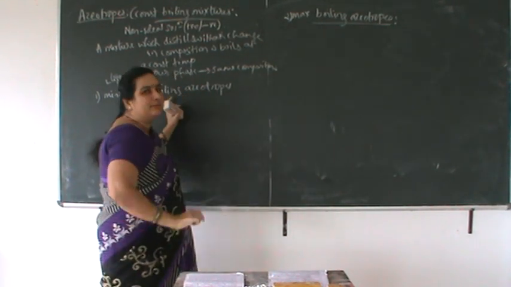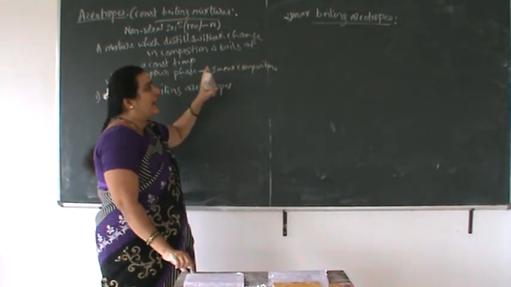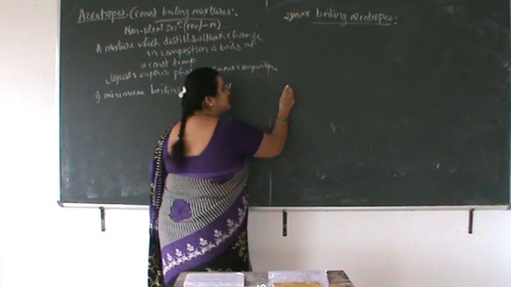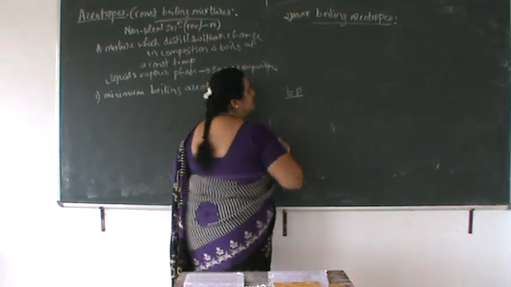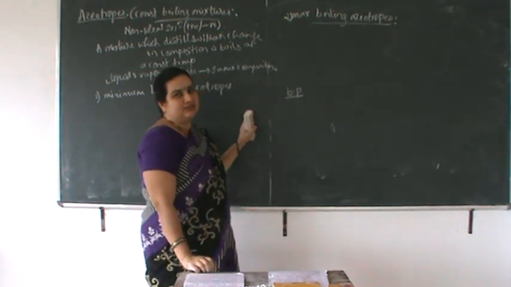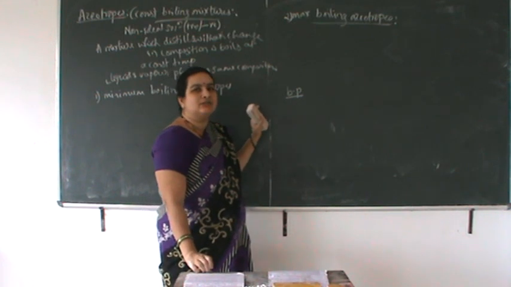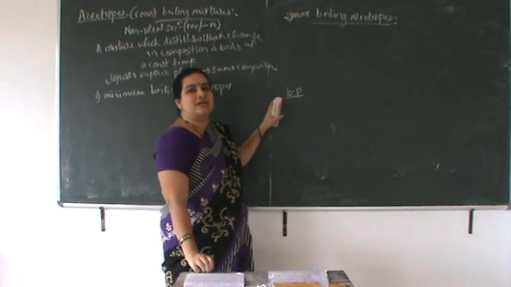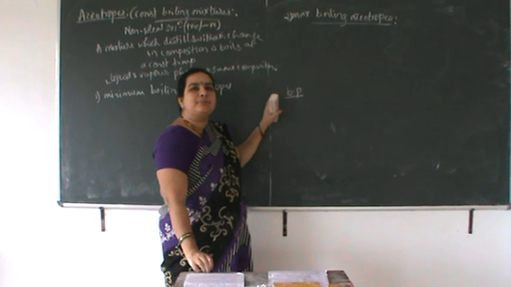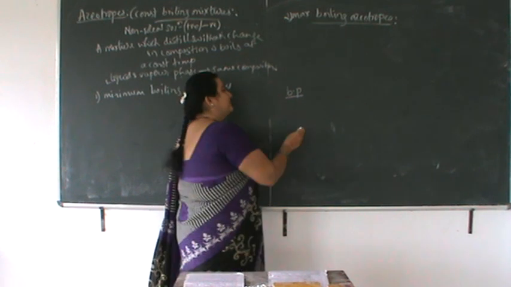Before going to minimum boiling azeotropes and maximum boiling azeotropes, I am going to clear the meaning of boiling point. So what is the boiling point? Boiling point is the temperature at which the vapor pressure of the liquid becomes equal to atmospheric pressure.